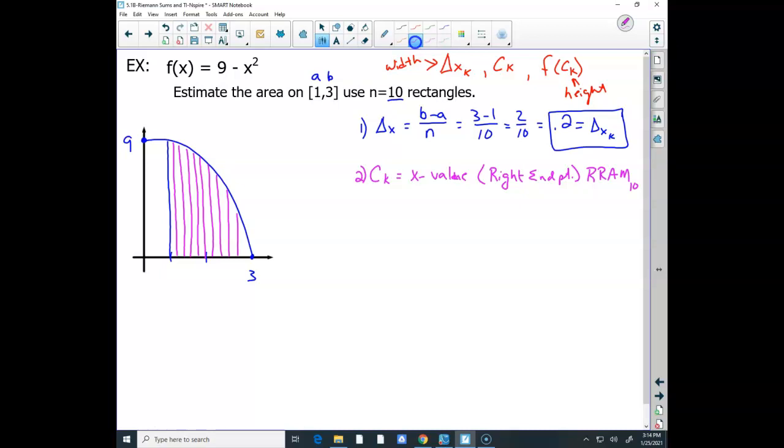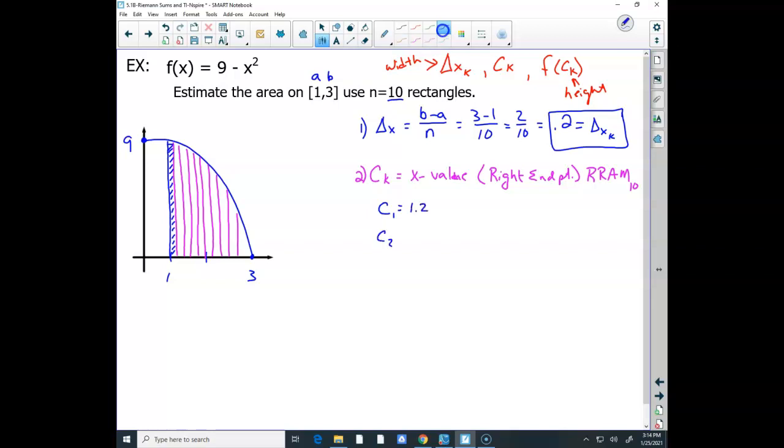So what we need to think about here is if we're using the right endpoint each time, I need to figure out, because there's 10 rectangles in here, and I go from 1 to 3, well, bottom line, if I'm using the right endpoint, I will be finding this rectangle right here, correct? Which means my first c sub k value is going to be c sub 1, and that's going to be 1.2.